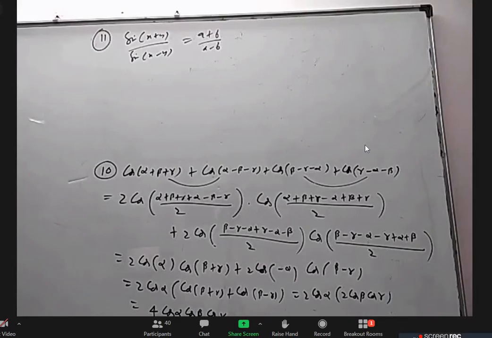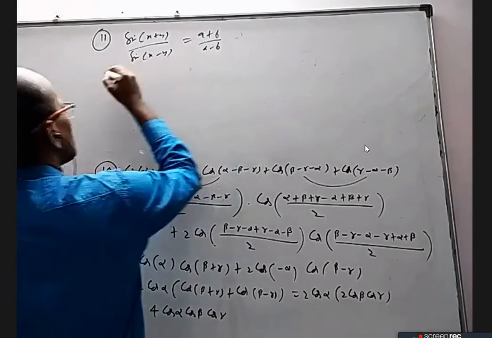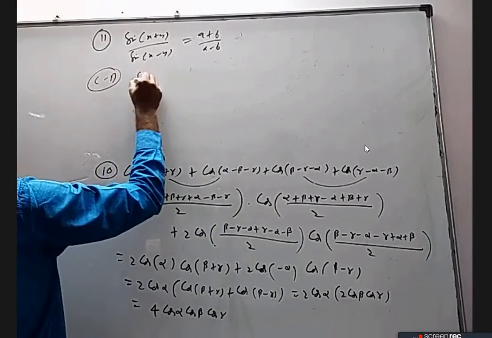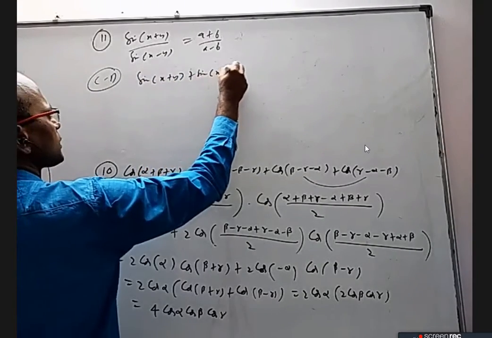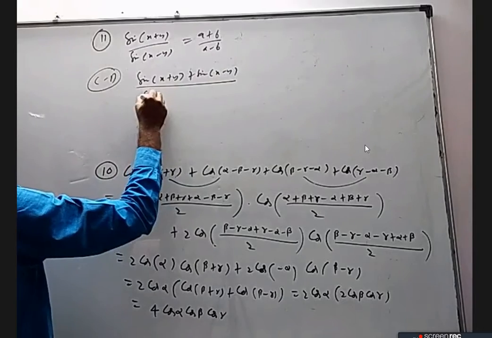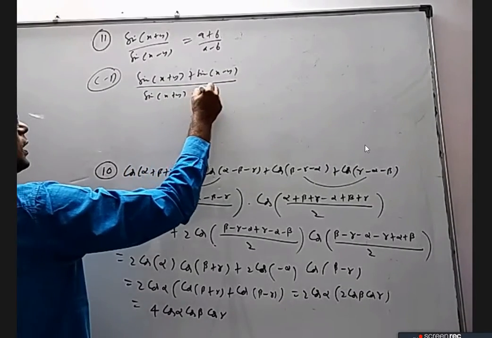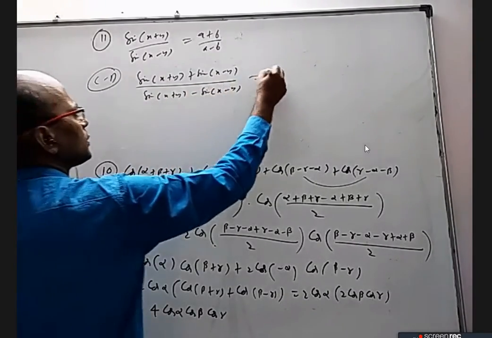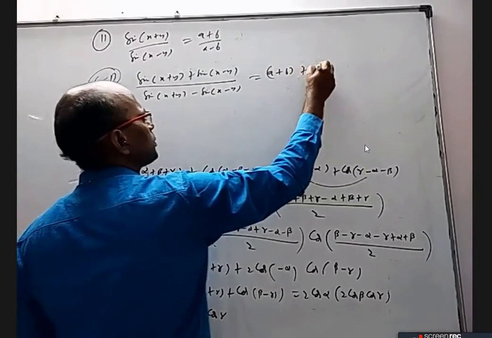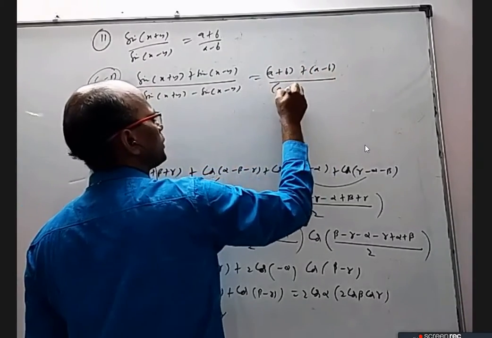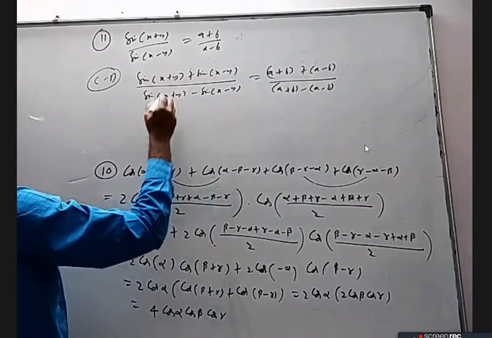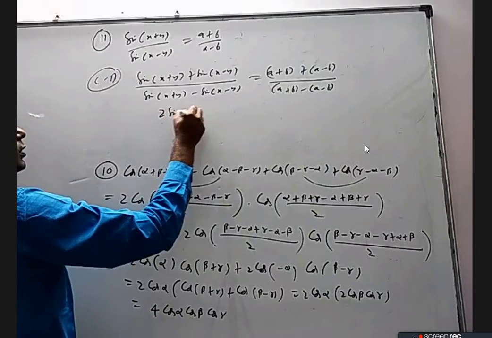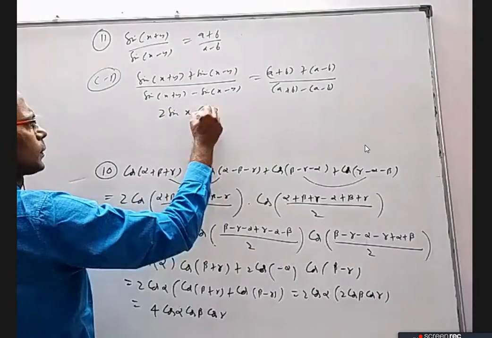Okay, 11, they want tan x by tan y. So just apply componendo dividendo. You will get (sin(x plus y) plus sin(x minus y)) by (sin(x plus y) minus sin(x minus y)), which is (a plus b plus a minus b) by (a plus b minus a minus b). Sin(A plus B) plus sin(A minus B) is 2 sin A cos B, so you will get 2 sin x cos y.